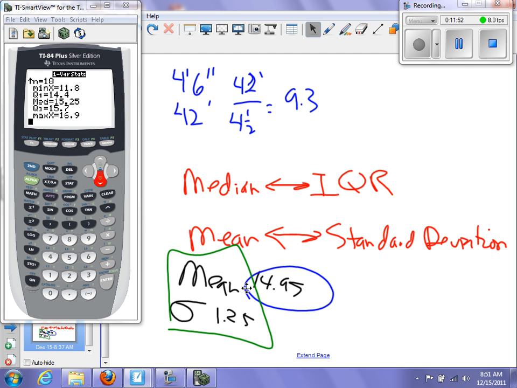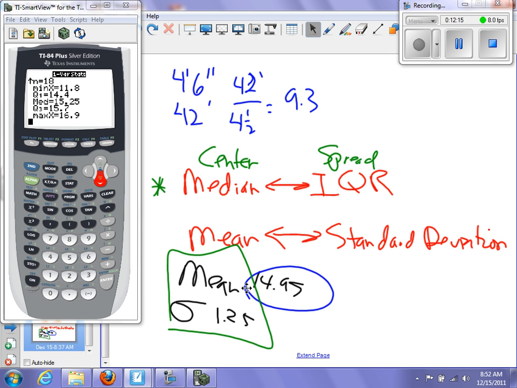So the question is asking, choose appropriate measures of center and spread. I have 2 measures of center and spread here. I have median and IQR, center and spread, and I have mean and standard deviation.